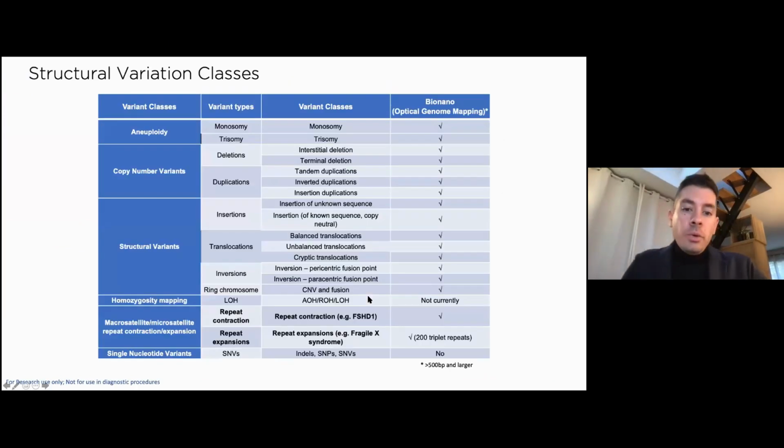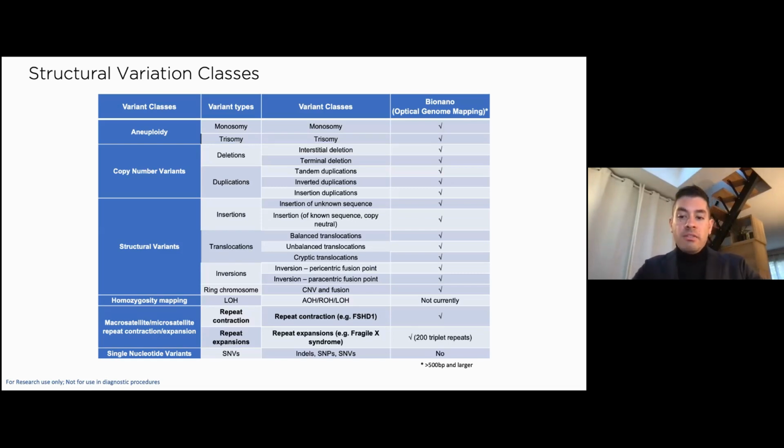And here are shown the different structural variation classes which are detected by optical mapping. So we just saw whole chromosome changes with monosomies and trisomies, CNVs, whether they are terminal or interstitial, duplications for which we also give you the insertion site of the duplicated fragments and its orientation, information that is missing from array approaches, insertions, inversions, pericentric and paracentric, and of course, no problem to detect balanced or unbalanced events like translocations.